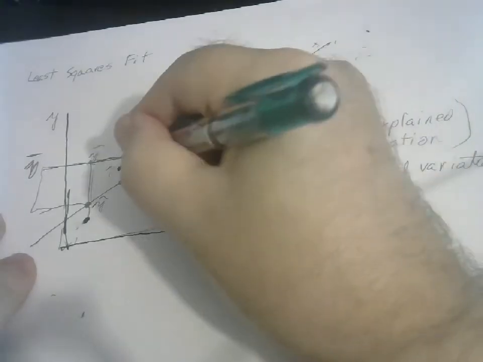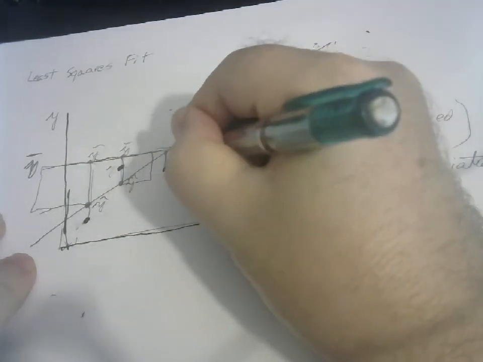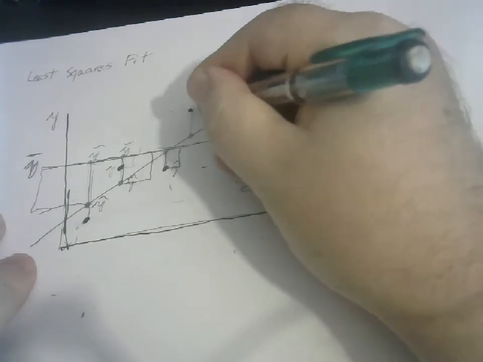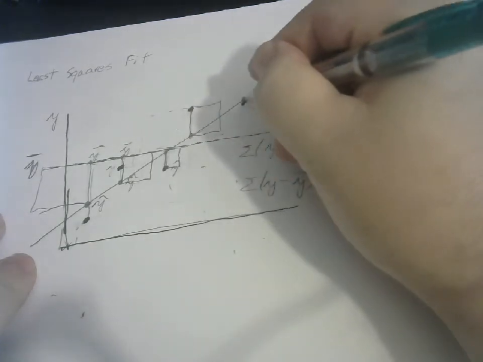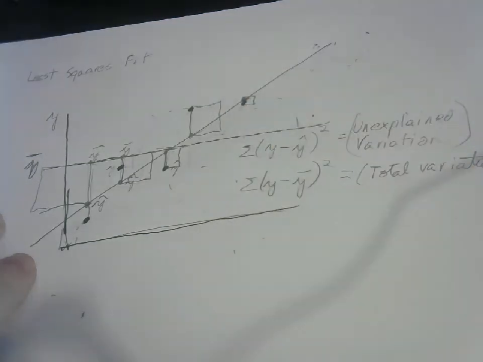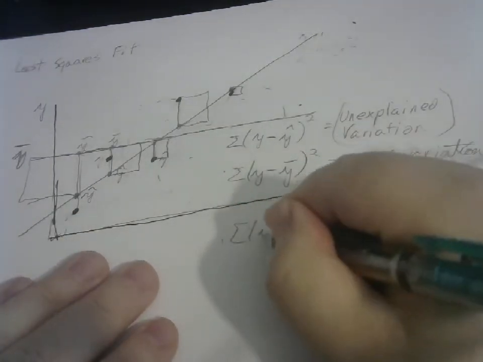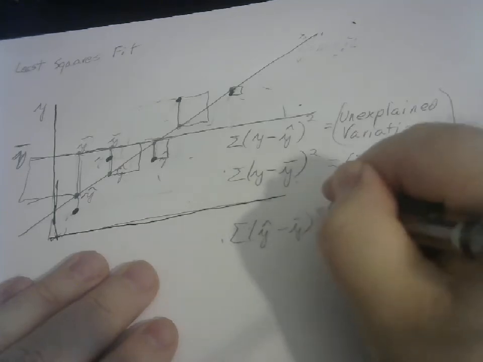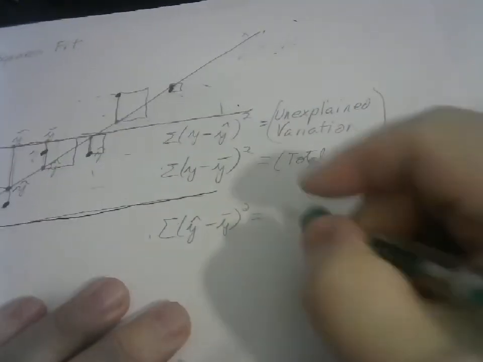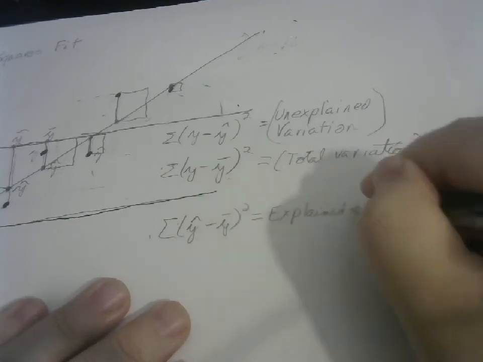Y hat and y bar, y hat and y bar, y hat and y bar. And the sum of all of those squares, y hat minus y bar squared, is called the explained variation.